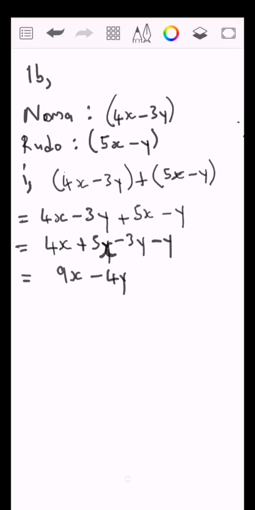But in a nutshell, when we have the same arithmetic sign, that is minus 3y minus y, we add, and after we add, we take the common sign. So we add 3y plus y normally, that's 4y, and the common sign is minus. That is why our final answer for the first part of 1b is 9x minus 4y.